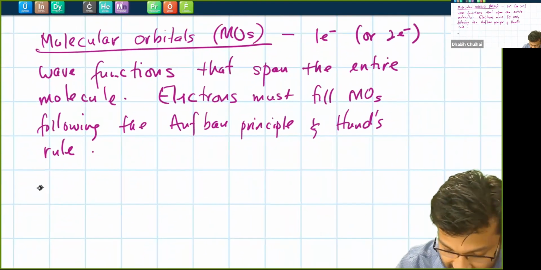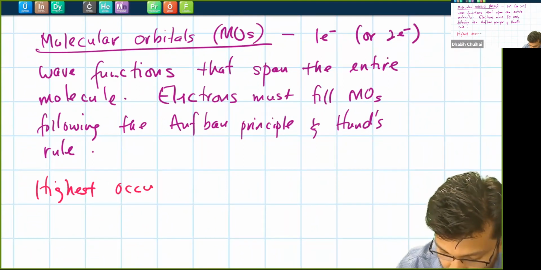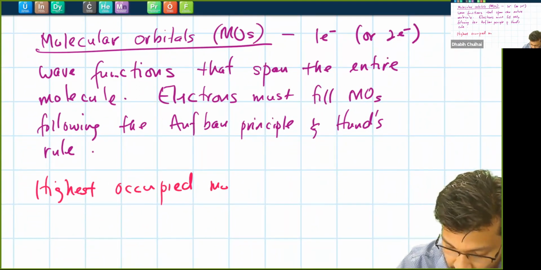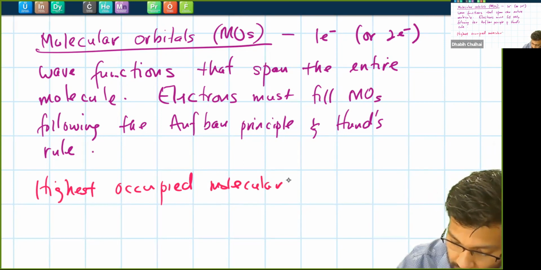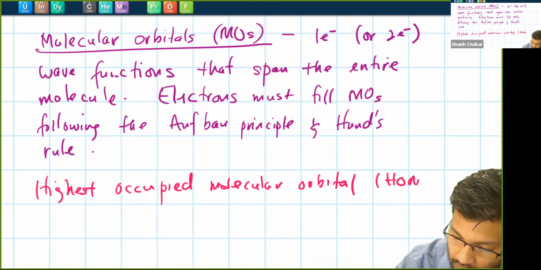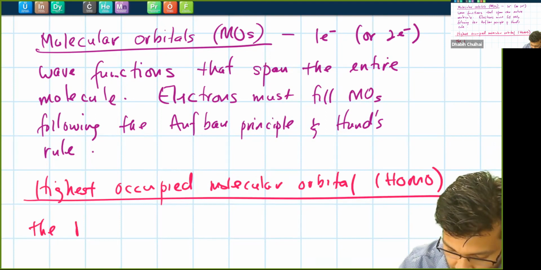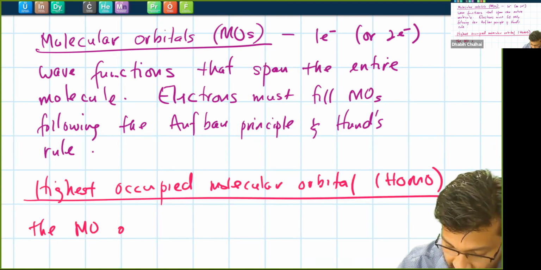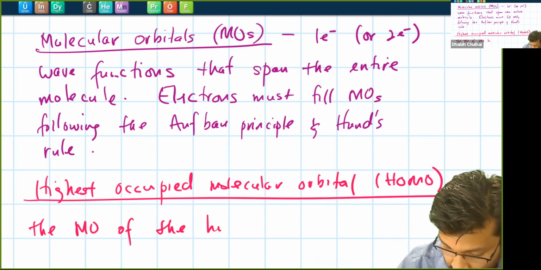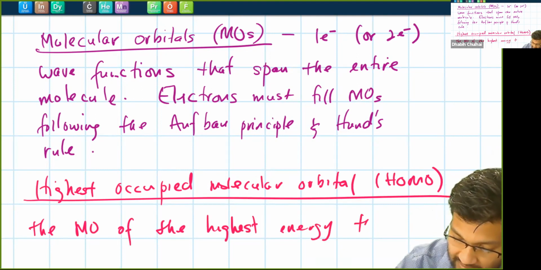The first is the highest occupied molecular orbital, or HOMO, right? And this is the molecular orbital of the highest energy that has an electron in it.